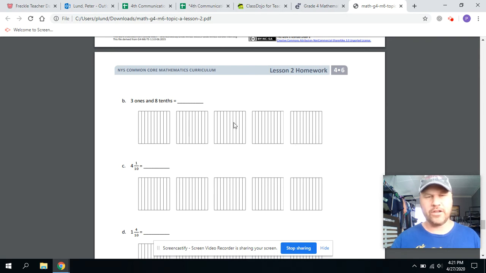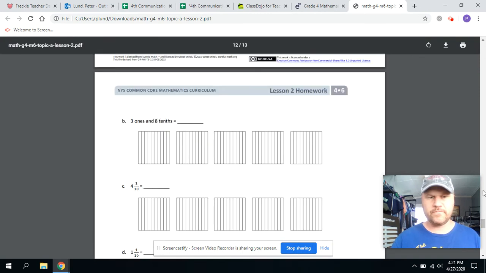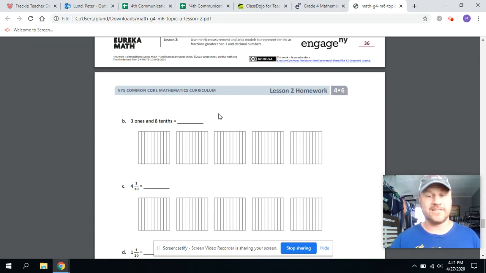So you'd have 3 and 8 tenths, and then you would write it as 3 and 8 over 10, 3 and 8 tenths. Or are we supposed to write it as a decimal as well? Let me just see here. Yeah, might as well. You could write 3.8, same thing. 3 and 8 tenths, same thing.